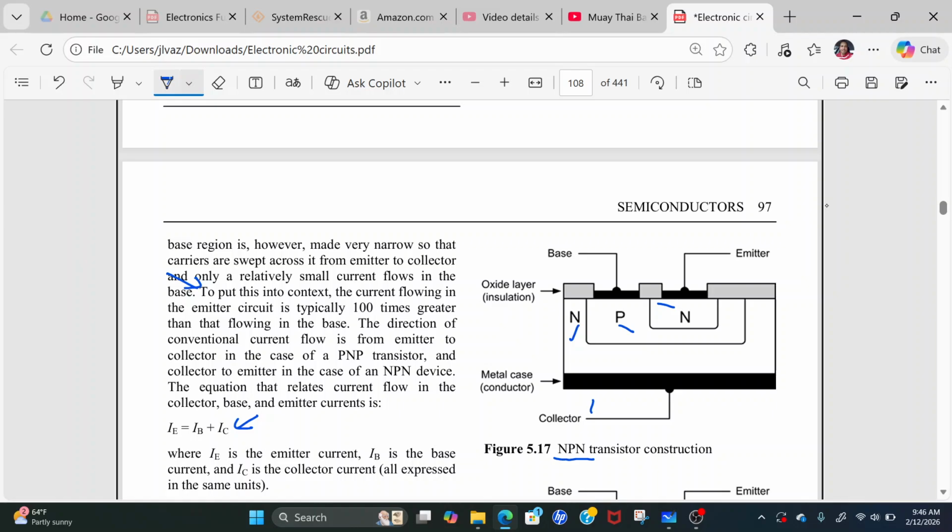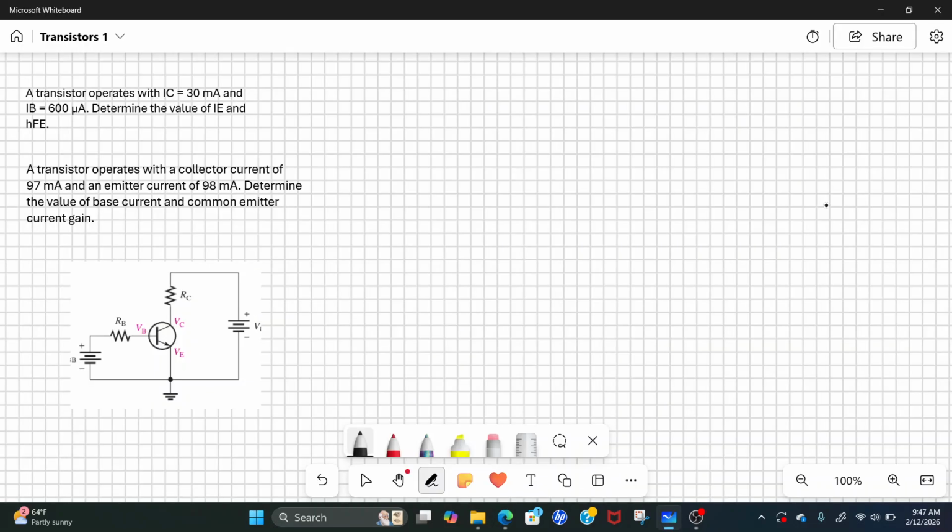So we have two exercises here. We're going to use this circuit as reference. This is an NPN transistor in the common emitter configuration. Notice that the emitter is common to both the input, which is in the base, and the output, which is the collector.